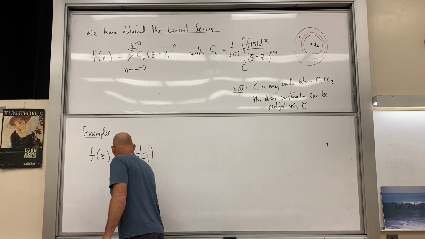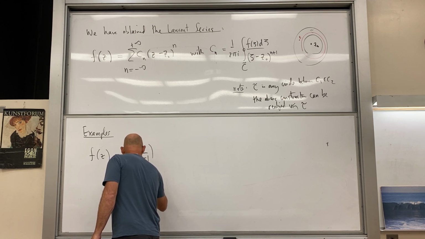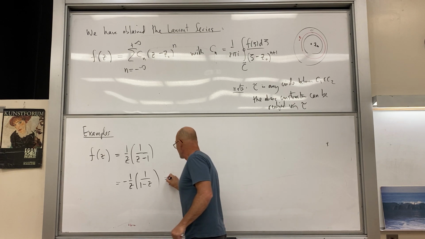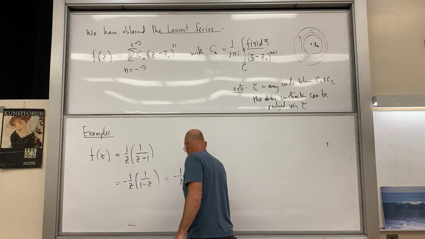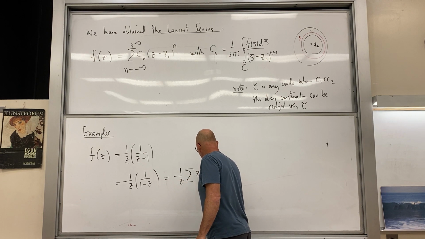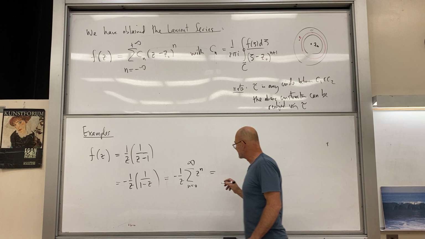We could call that negative 1 over z times 1 over 1 minus z. Right? This thing plays such a big role. And we'll see immediately, negative 1 over z. Now we get the power series of this one, the sum of z to the n, n equals 0 to infinity. Now we can write this out.